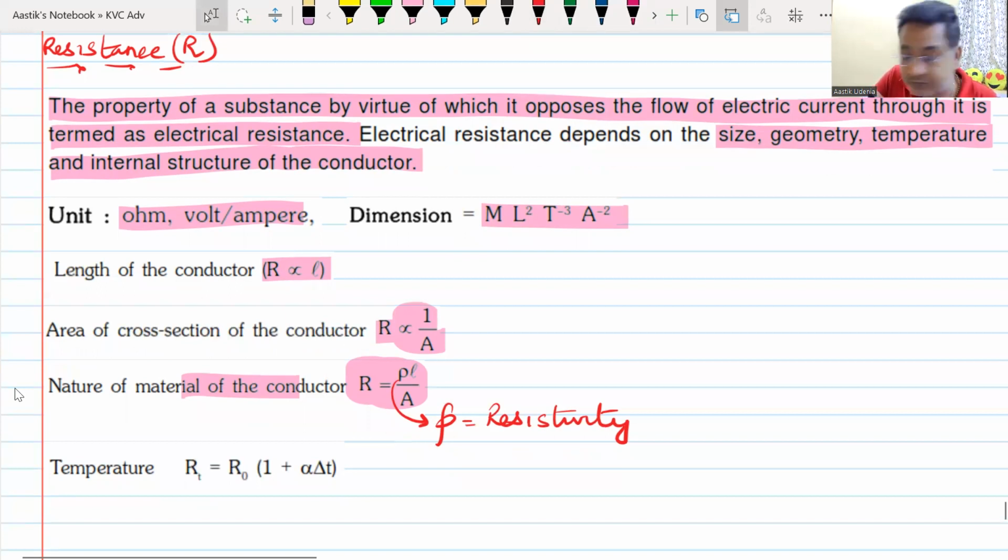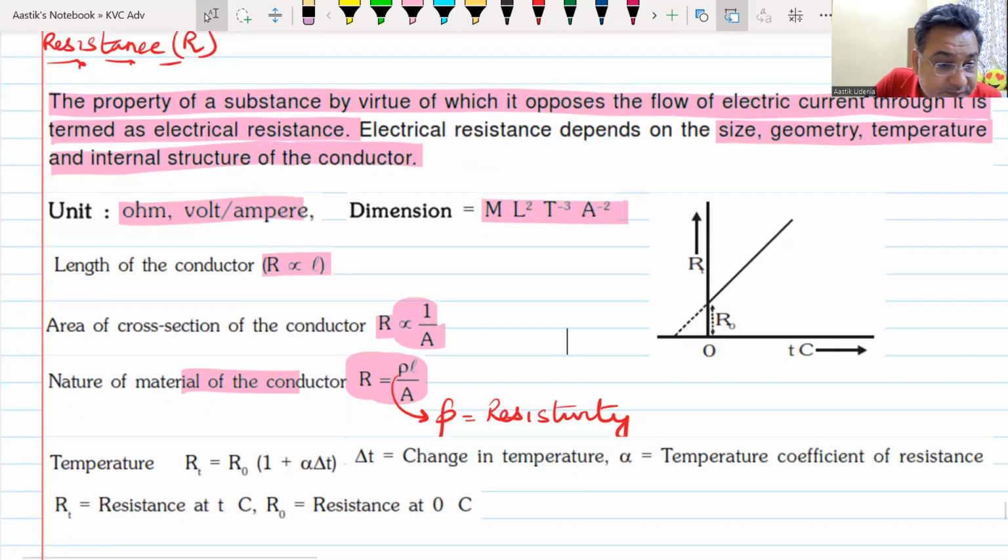You can draw the graph between temperature and resistance. The graph is also there.